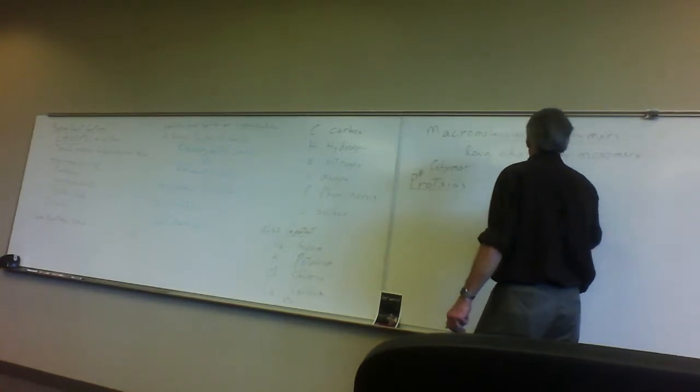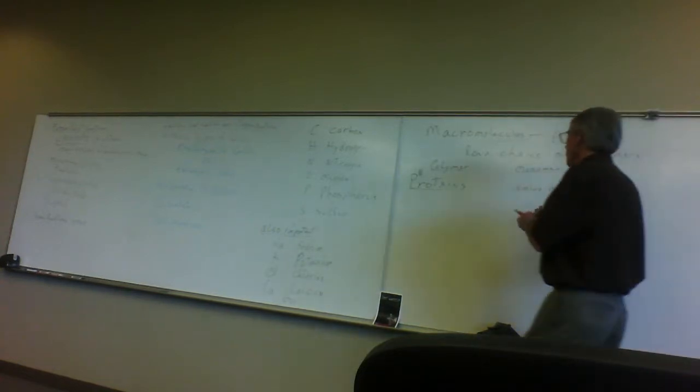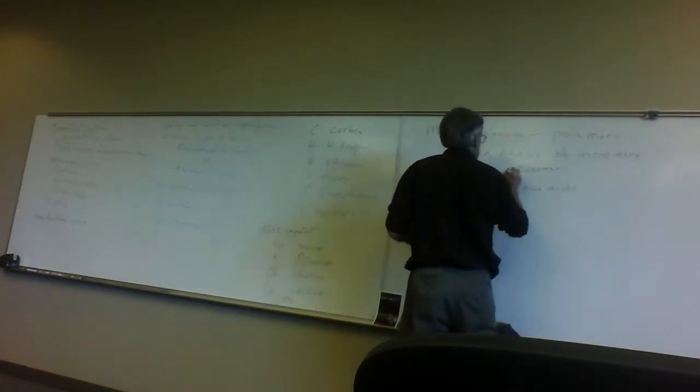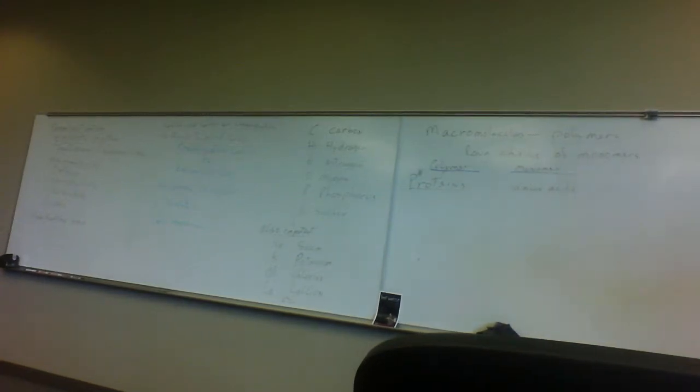So proteins then are made out of amino acids, and you string the amino acids together, and of course they fold and everything. We don't have to worry about that right now. But if I said to you, what are proteins made out of? The answer would be amino acids.